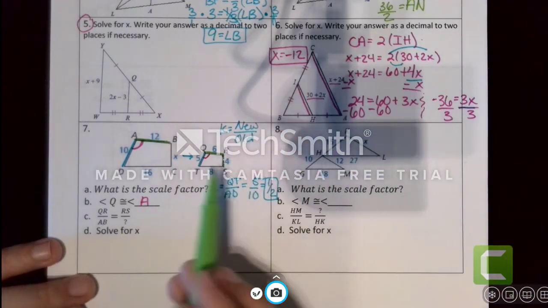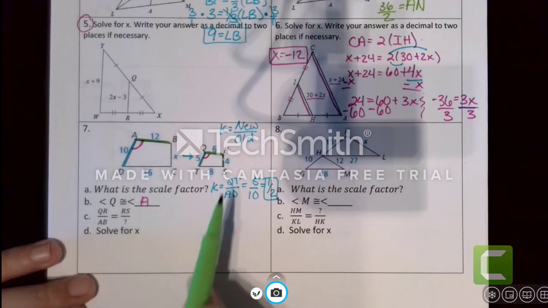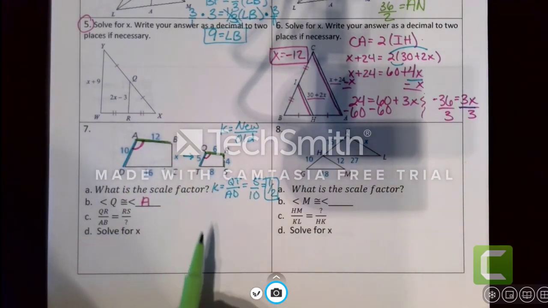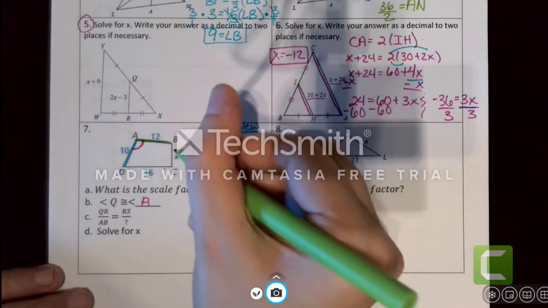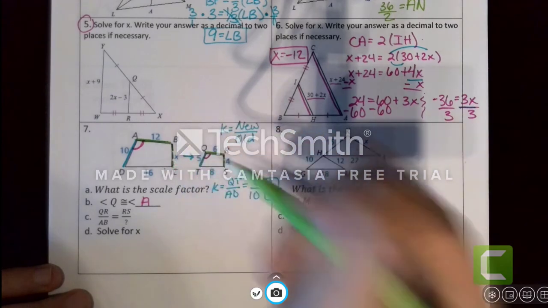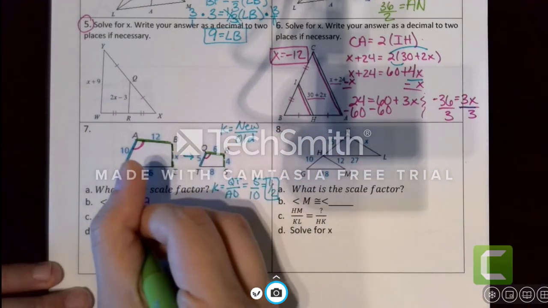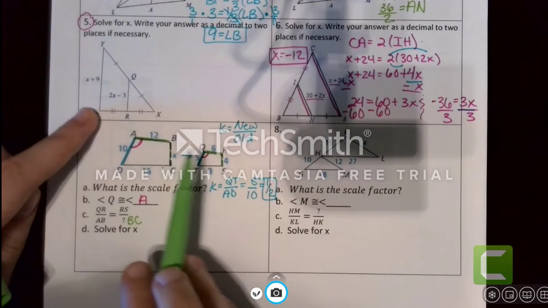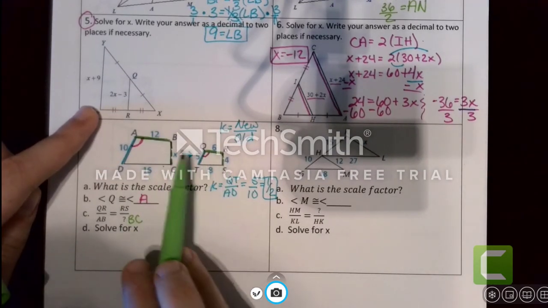Well, since we did top to top, that means we have to do right to right. And since we're starting with RS as our right side, then it must be over the right side BC.